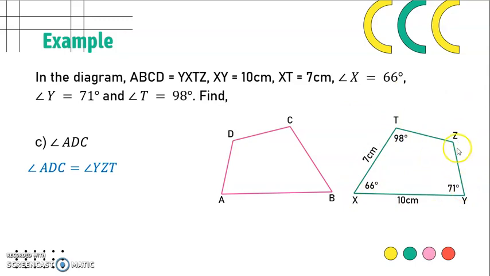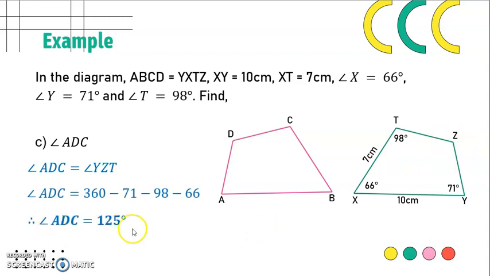So use that to find angle Z, and you'll get angle Z to be 125 degrees, which is also equal to angle ADC here. Alright, so please check your working and answer. If you get it incorrect, please double check with the working here, but if you're still confused, please let me know.